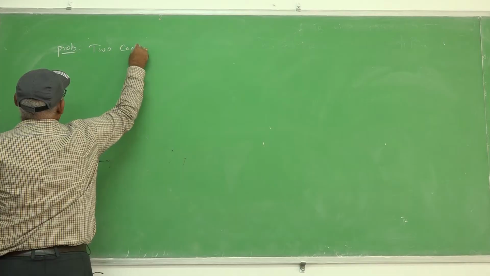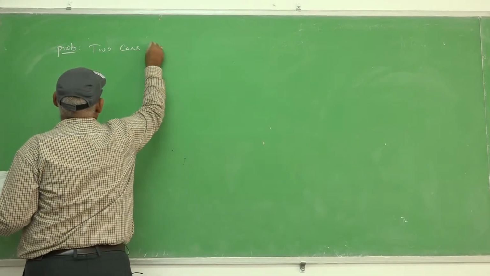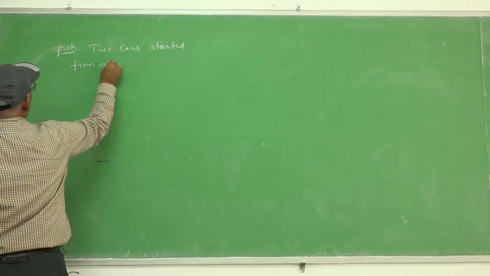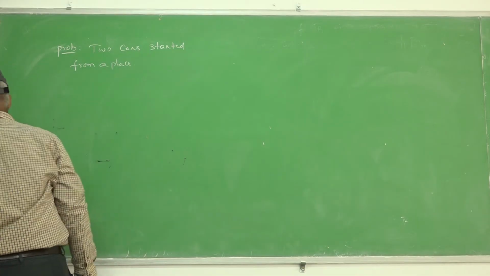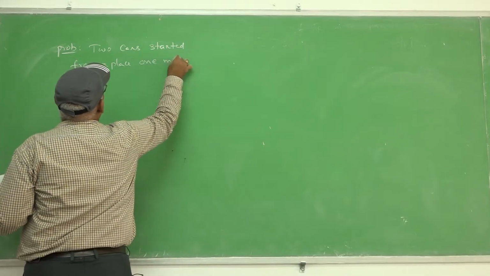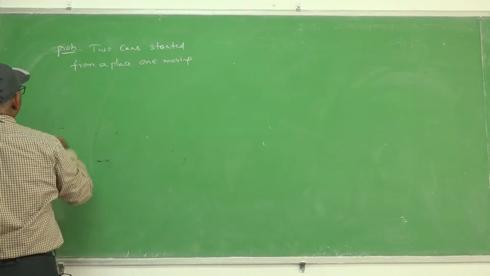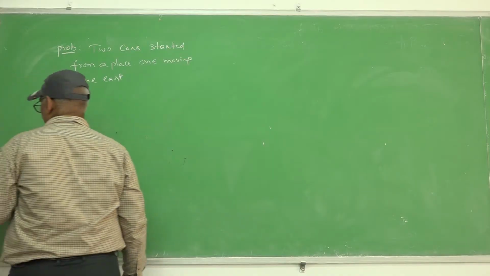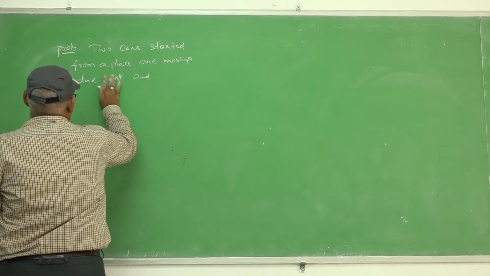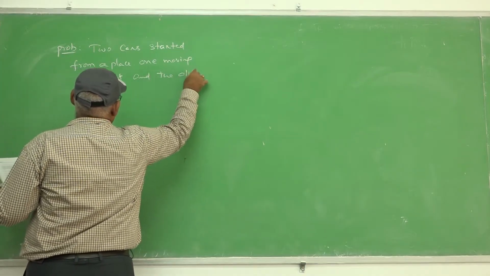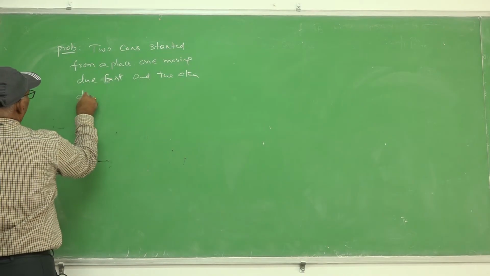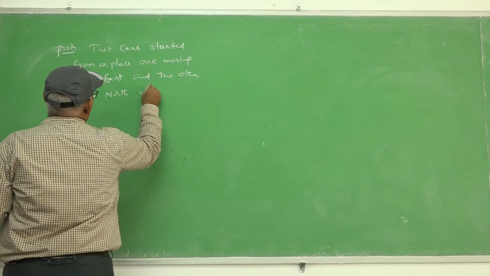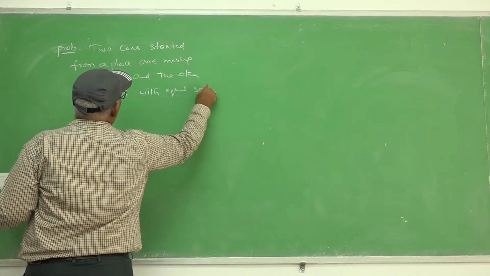Two cars started from a place. One moving due east, and the other due north, with equal speed v.